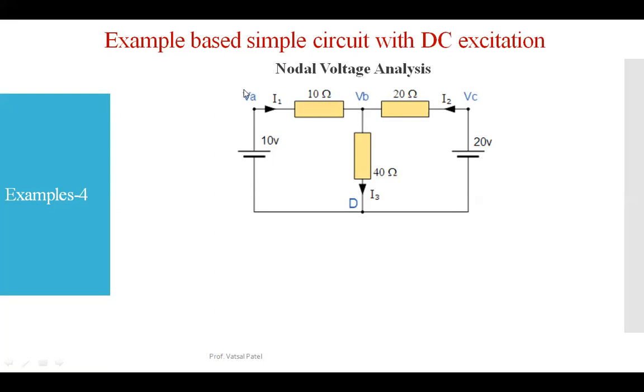See the nodes here: VA, that is already labeled, VB, VC. These are what we call the principal nodes, and this is what we call the reference node. So there are four nodes given here. Three are principal nodes and one is the reference node.